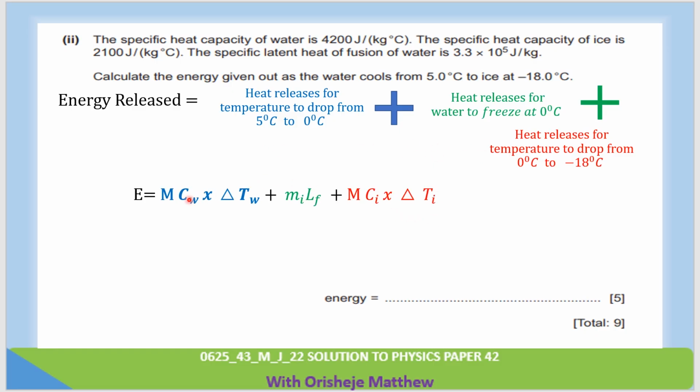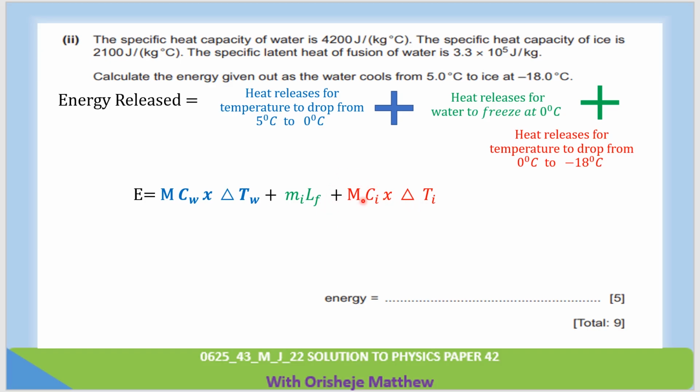Alright, so let's see. The mass of water, which we've already calculated, is 0.5 kg. Specific heat capacity of water multiplied by temperature change, which is 5. Then latent heat of fusion, the mass of ice. Because the same amount of water will turn to ice, so the same 0.5. Then the mass of ice that will be cooled down.